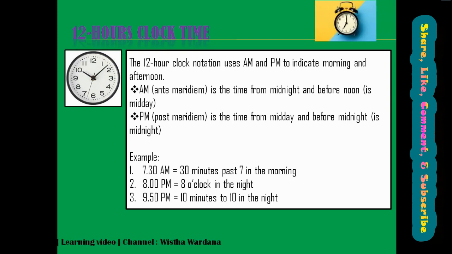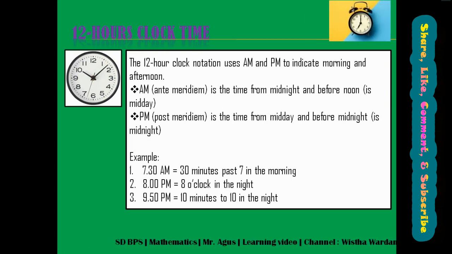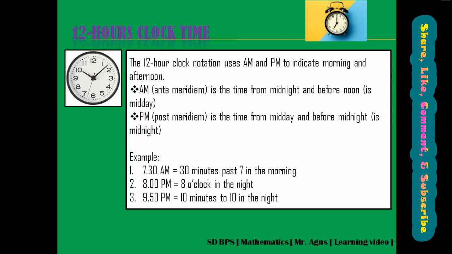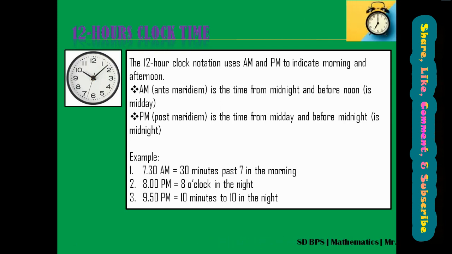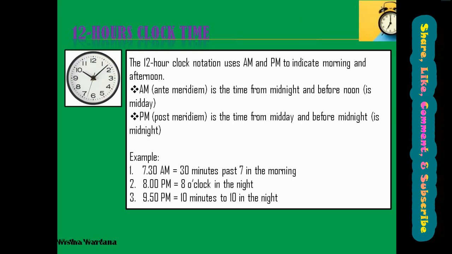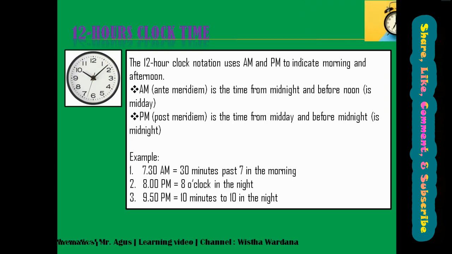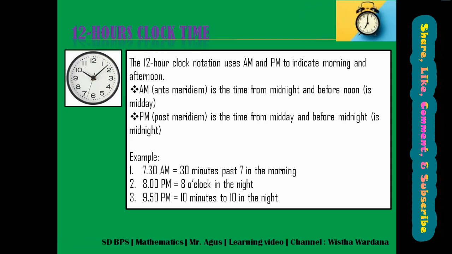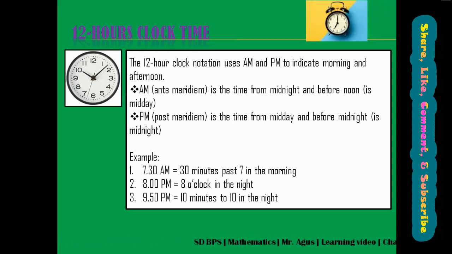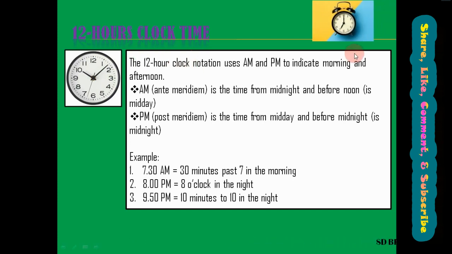PM means post meridiem. It is the time from midday and before midnight. So PM starts from 1 o'clock in the afternoon until 12 o'clock in the night. Do you understand?